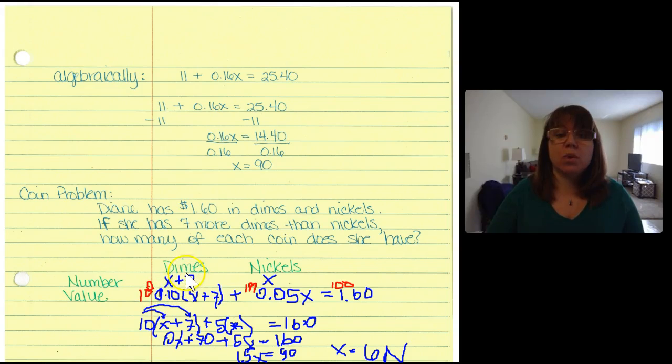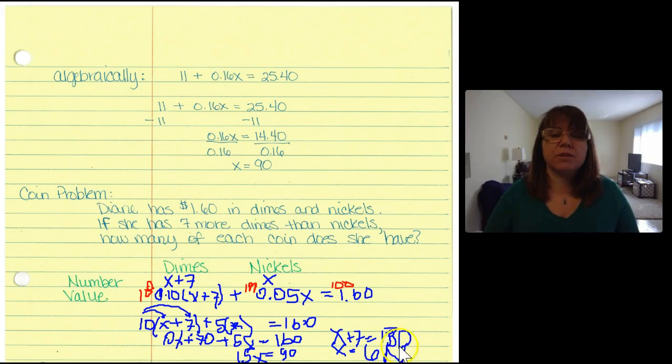Dimes, she has 7 more dimes than she has nickels. So that's going to be 6 plus 7. So X plus 7 is the number of dimes. That's 6 plus 7 is 13 dimes. Here we go, 13 dimes and 6 nickels.